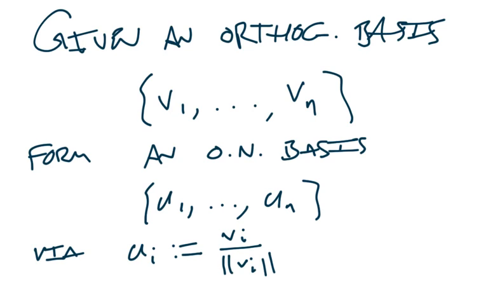So just unitize all of those vectors, and that will do it for you. So again, orthogonality is the hard part. Generating an orthonormal basis from an orthogonal basis is really quite straightforward, really quite easy.